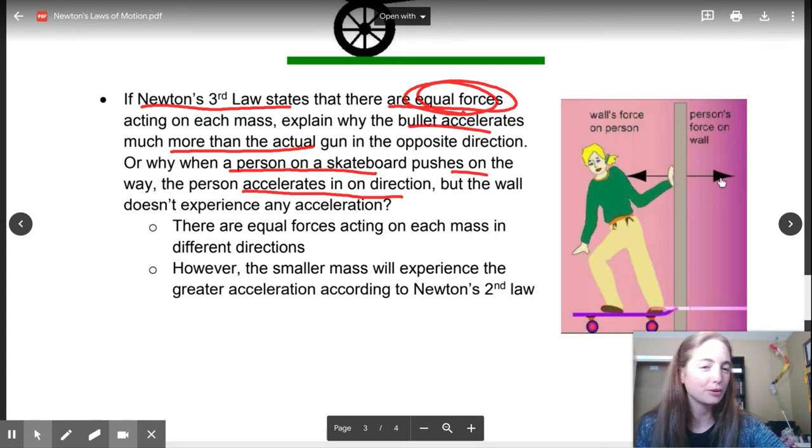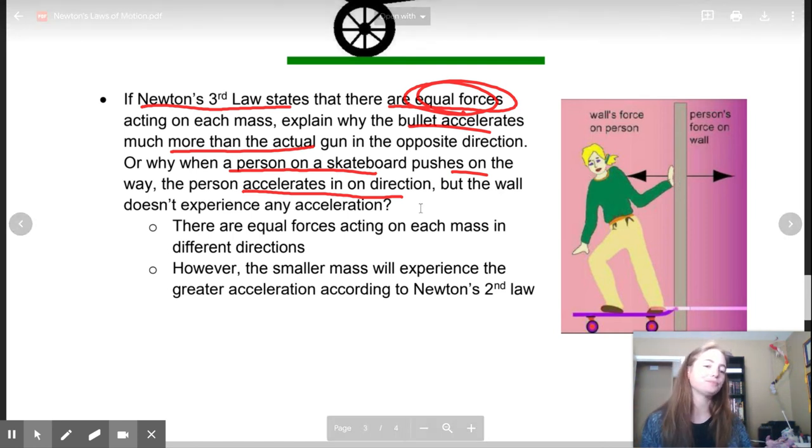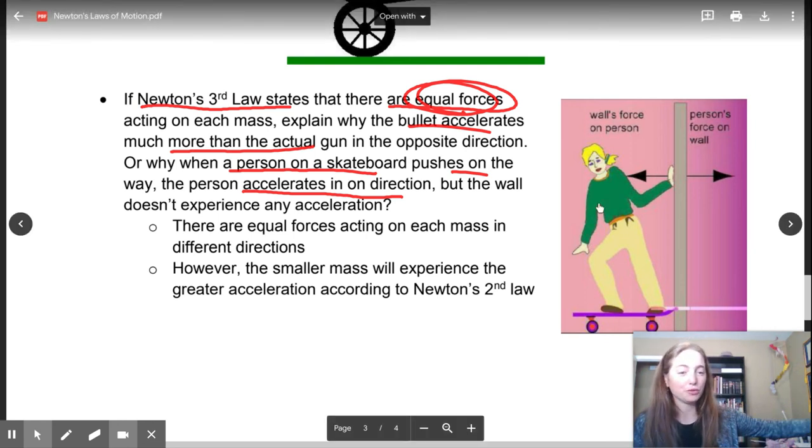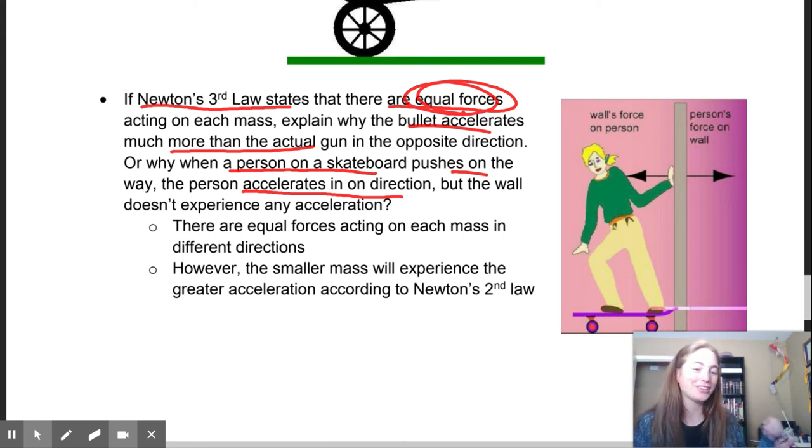So the wall is experiencing a force to the right here, and the person is experiencing a force to the left. However, when you push on the wall, does the wall move? No. The wall doesn't accelerate because there's not enough force to move the wall. Whereas the force that the wall is applying to the person is going to move you on the skateboard, because that is sufficient force to overcome friction.